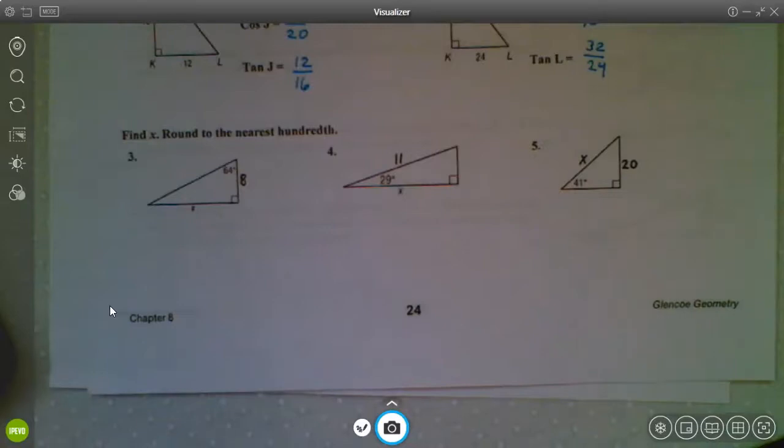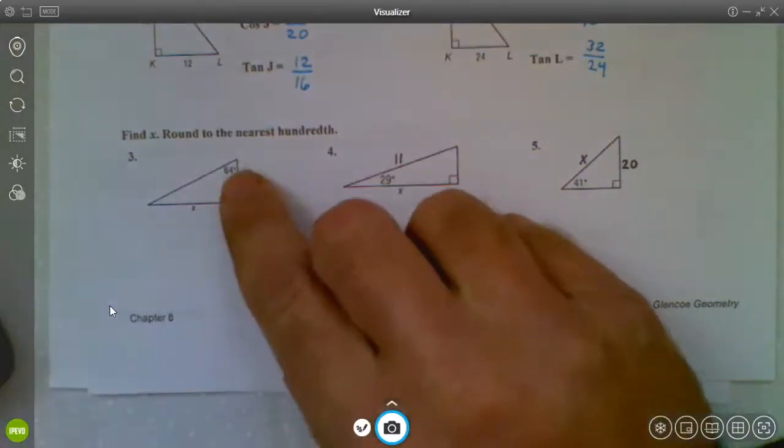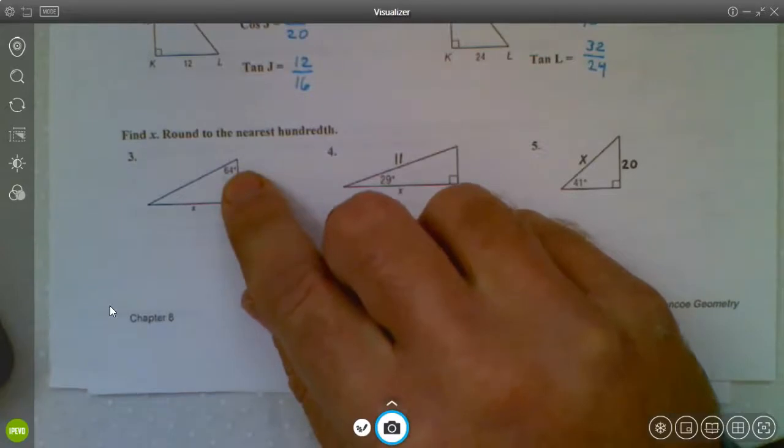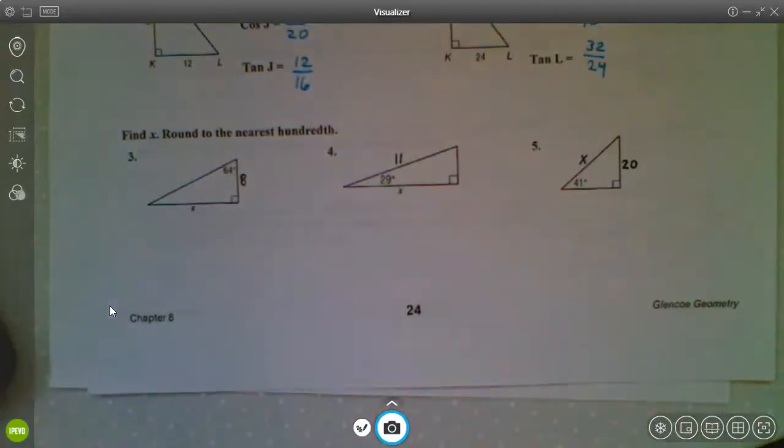So what about the two special right triangles, 30-60-90 and 45-45-90? Those are great if you have those angles, but what about an angle like 64? We don't have a special pattern for 64 degrees, right? So this is why we need other tools like sine, cosine, and tangent.